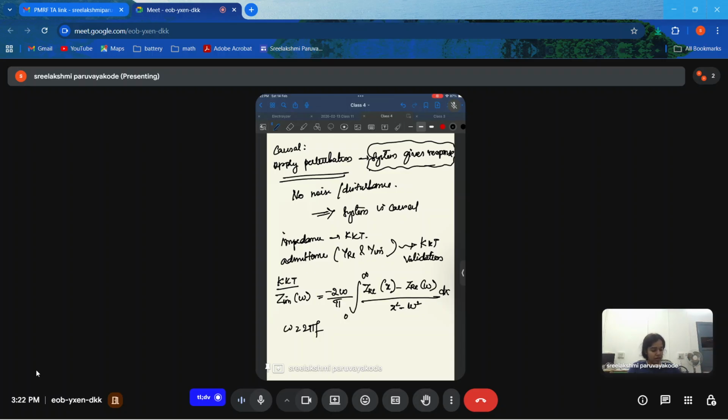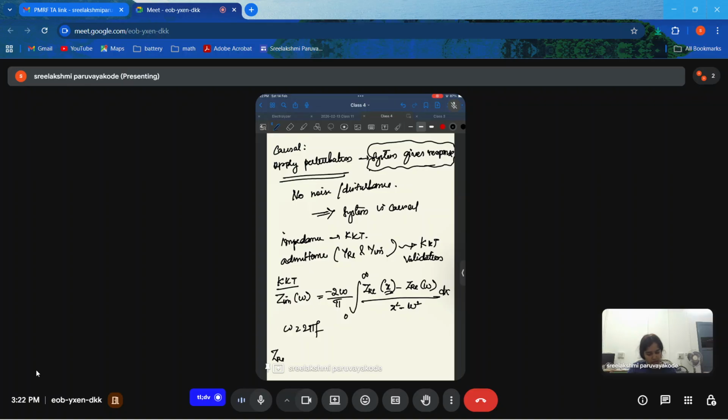The x corresponds to the different values of omega that vary, and Z real at a particular omega is Z real of omega. That is substituted and we get the Z imaginary value.